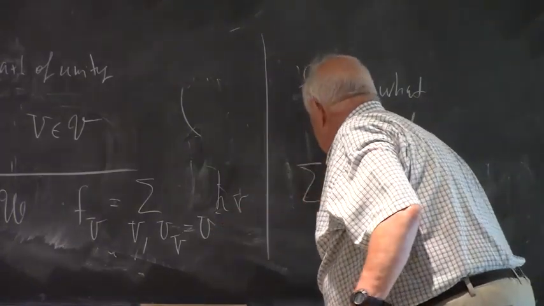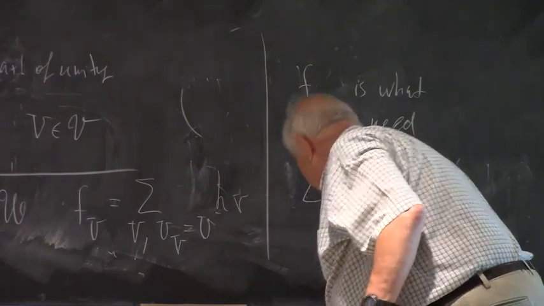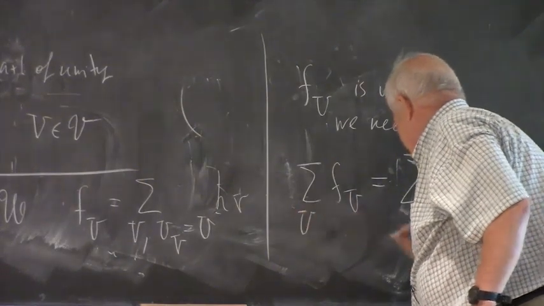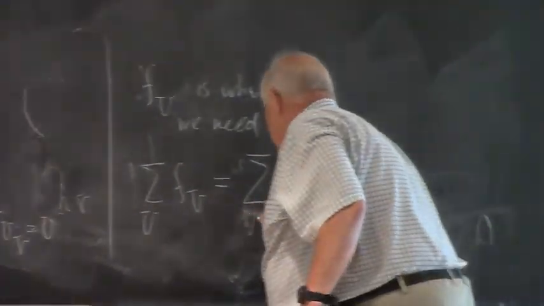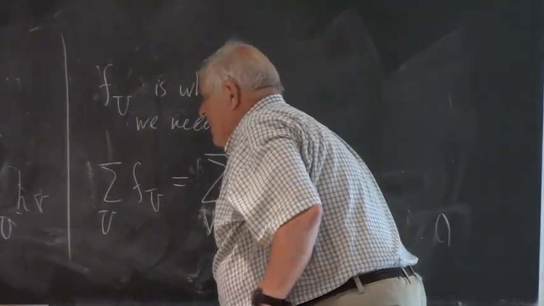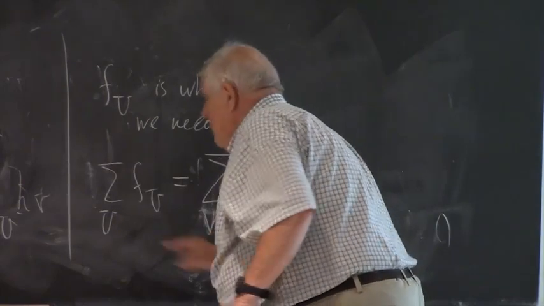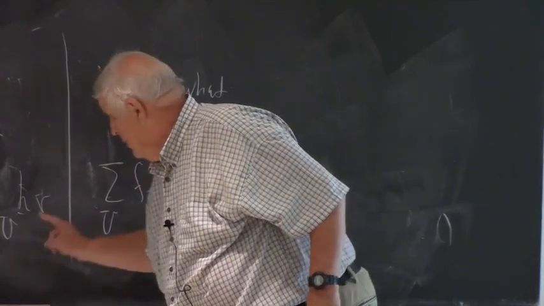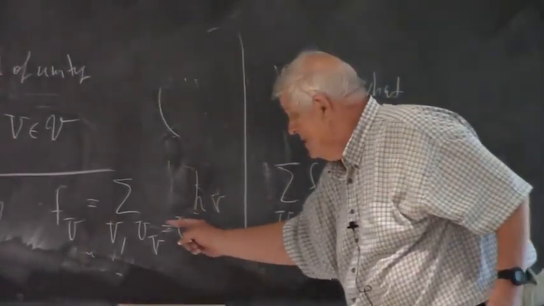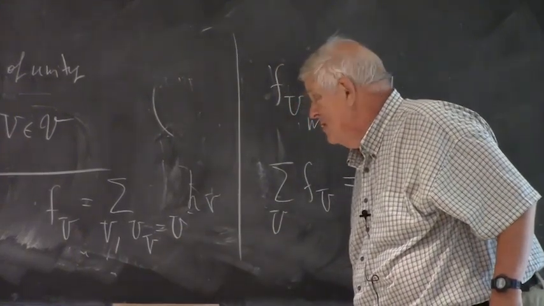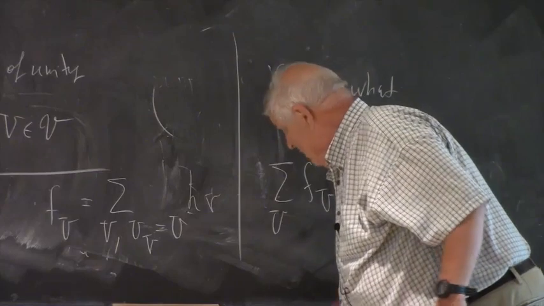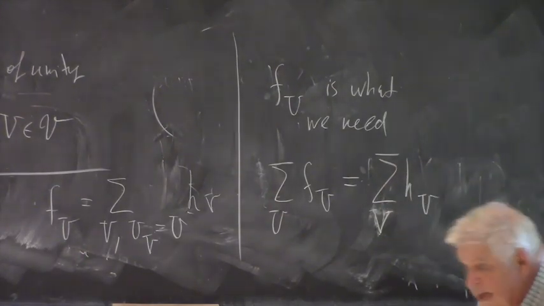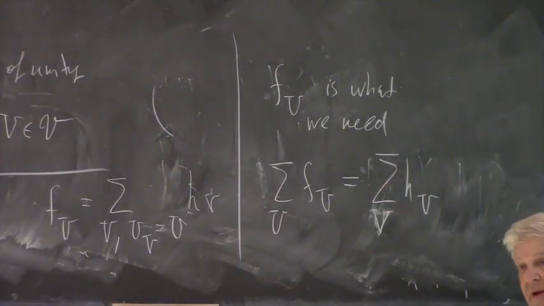And now the sum of f_U, the sum over V of h_V, every h_V participates in this sum precisely once, because every V is attributed to some U. So we have this property, and f sub U is a partition of unity subordinated to the given open cover. Everything is done.